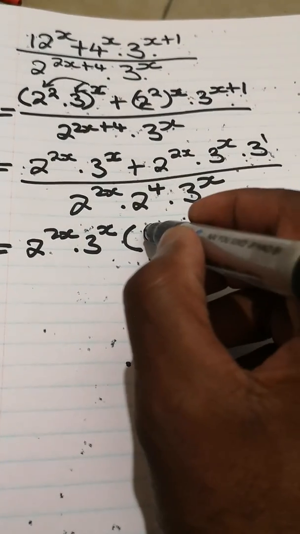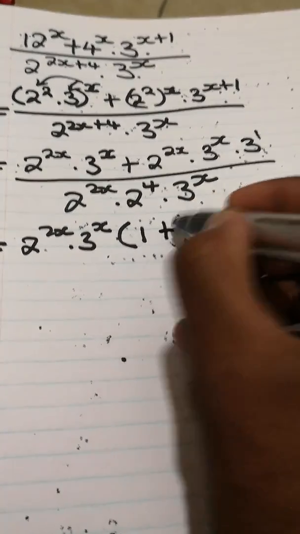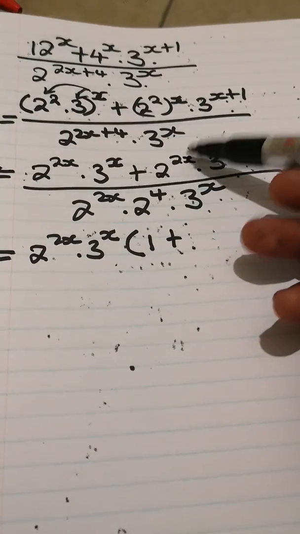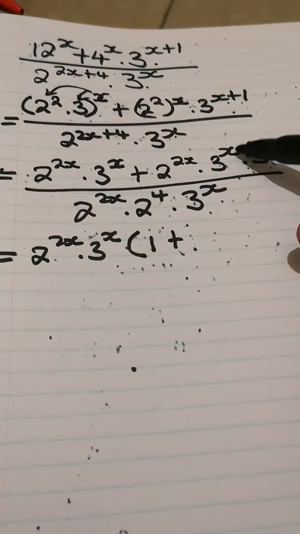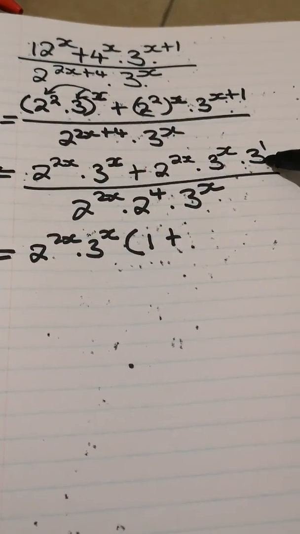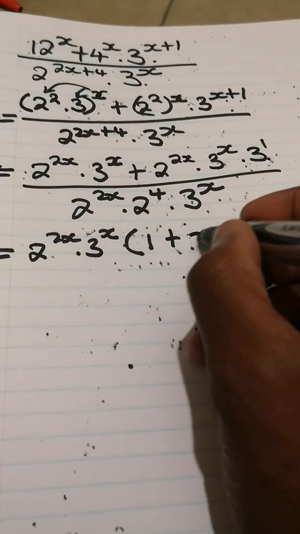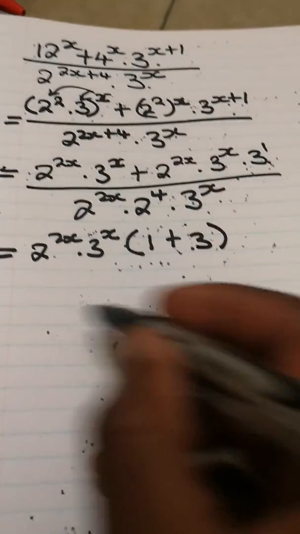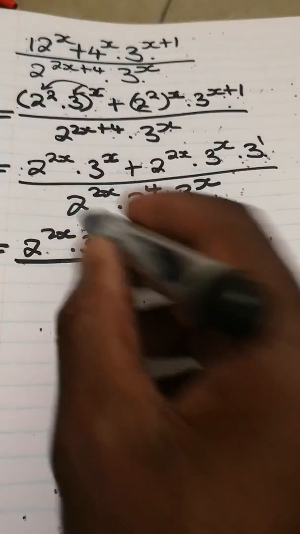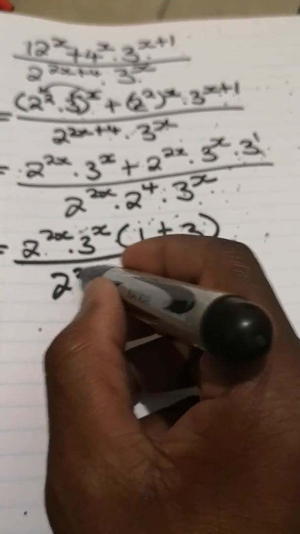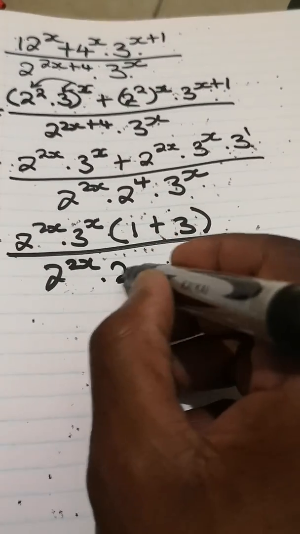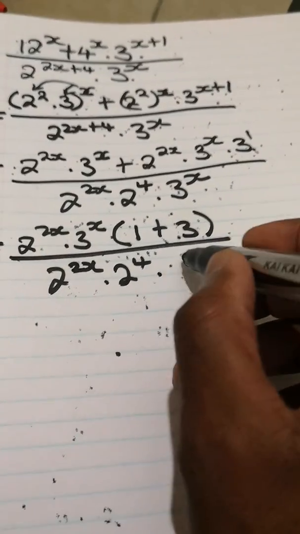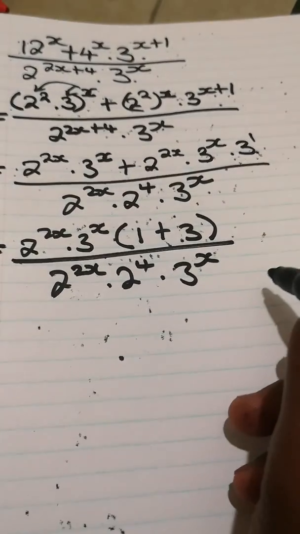So we are going to remain with 1 plus. We have taken out this one here, and this one has also been taken out, so we are going to remain with 3 to exponent 1. So it means it's 3 here. Then all over, it's 2 to exponent 2x times 2 to exponent 4 times 3 to exponent x.